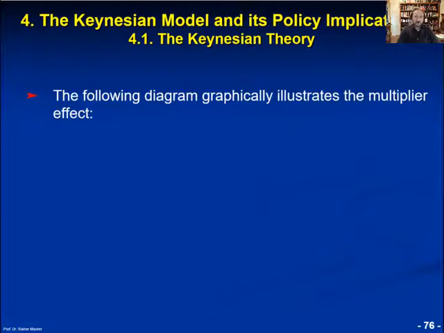The following graphical analysis shows that it is the Keynesian consumption function which causes this increase of consumption demand. So we will analyze in the following slides in a step-by-step way the consequence of an initial increase of 5 units investment demand on consumption demand.